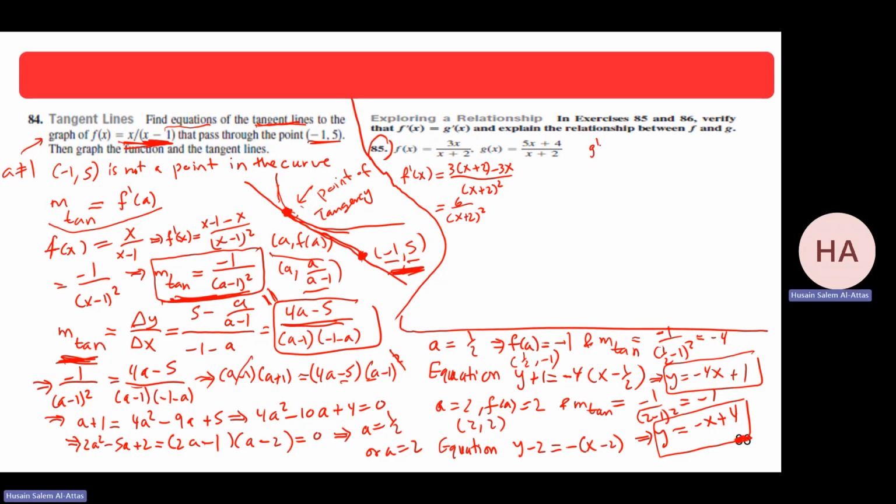G prime of x is 5 times x plus 2 minus 5x plus 4 over x plus 2 square. And that will be 5x minus 5x, 10 minus 4, which is 6 over x plus 2 square. They are the same. So f prime equal g prime. But f is different than g. So what's going on?